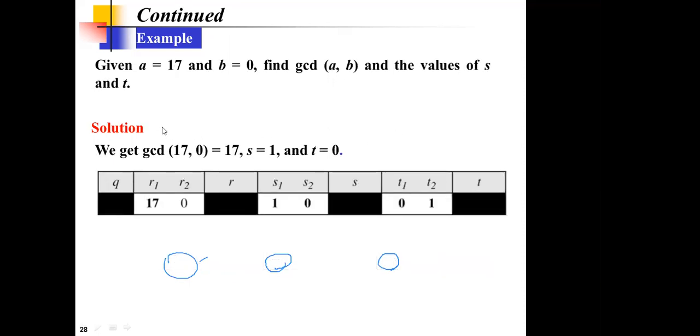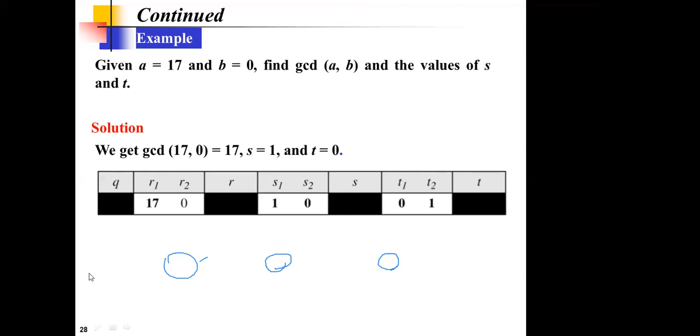So again, if the B is 0, so B0 means the first step. So this R1 is the GCD. So then S1 is 1 and T1 is 0.